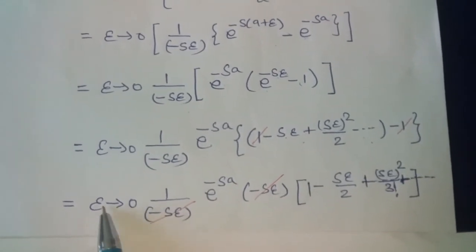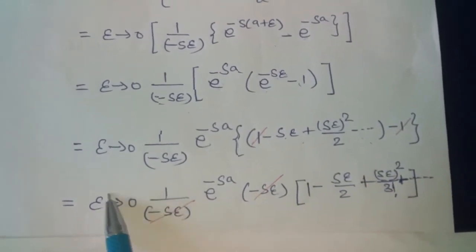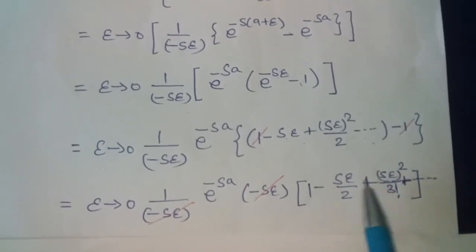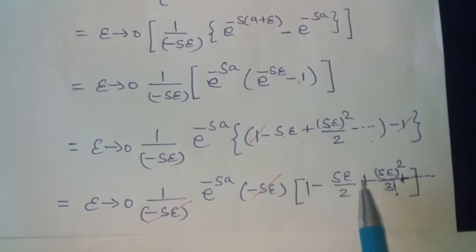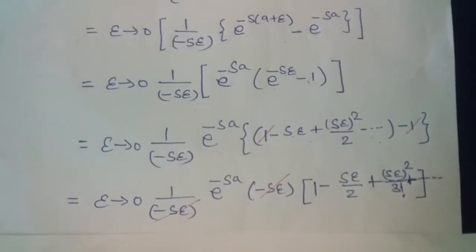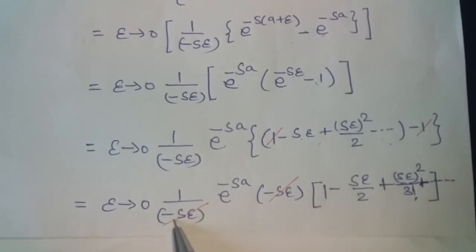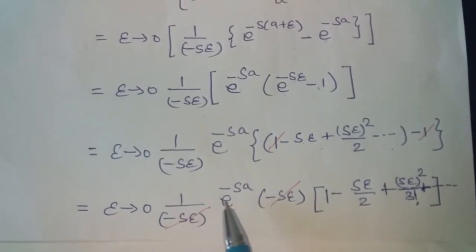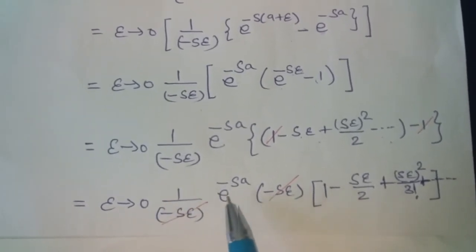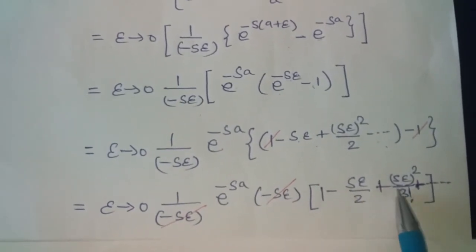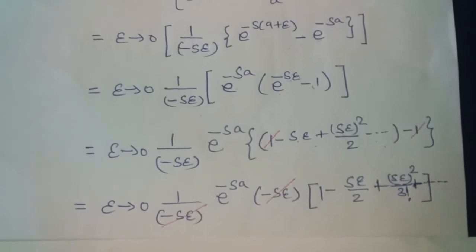Now when epsilon tends to 0, all these terms become 0. So we get 1 minus 0 plus 0 and so on, and here minus s epsilon and minus s epsilon cancel. So finally after the limit we get e raised to minus sa into 1 minus 0 plus 0 and so on.